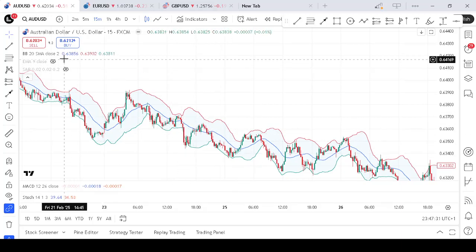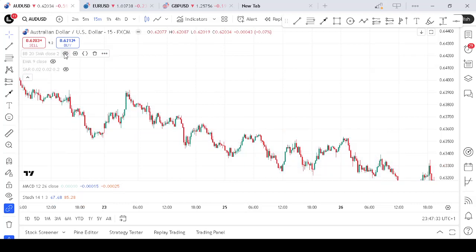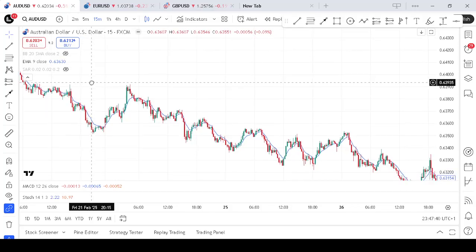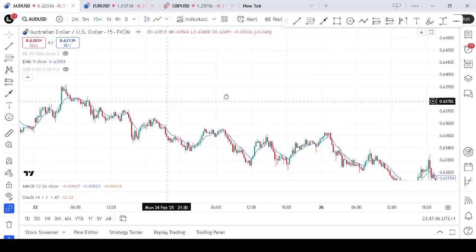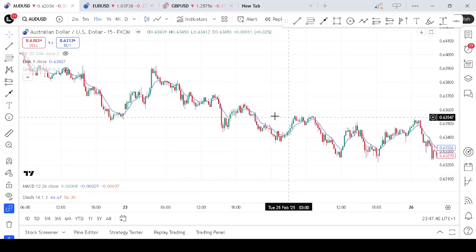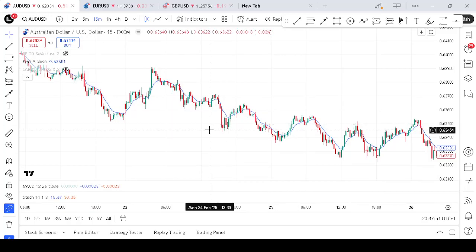Now, the second indicator we need to watch out for is our EMA, our exponential moving average, and it is an EMA strategy. We are making use of our 9 EMA for this indicator. The 9 period EMA is your next essential tool.